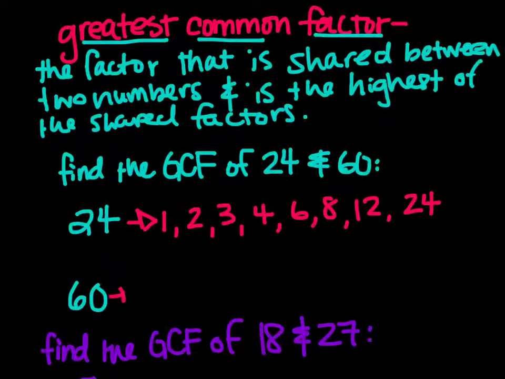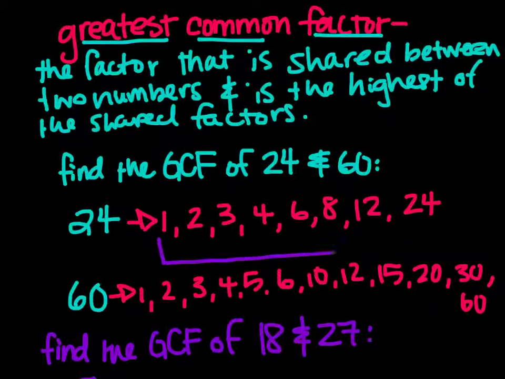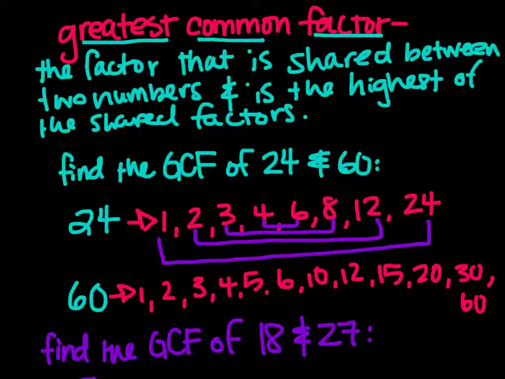And then of 60, let's figure those out. 1, 2, 3, 4, 5, 6, 10, 12, 15, 20, 30, and 60. You can always check and make sure you've gotten all the factors by doing the rainbow method. You could always say, okay, 1 and 24, yep, they group up. 2 and 12, 3 and 8, and then 4 and 6. And then you can do that same thing with the 60.